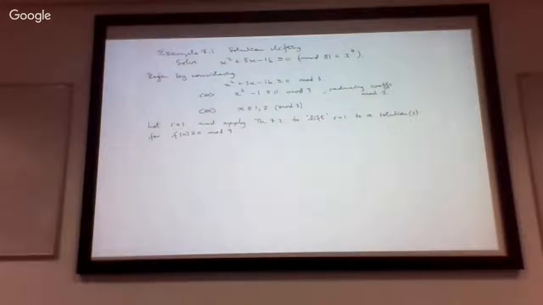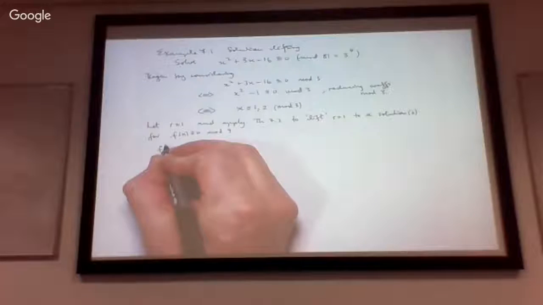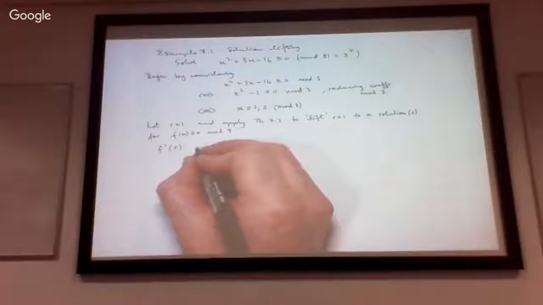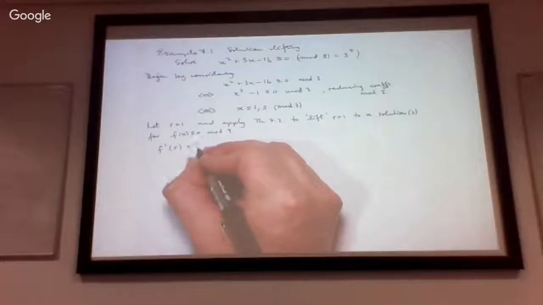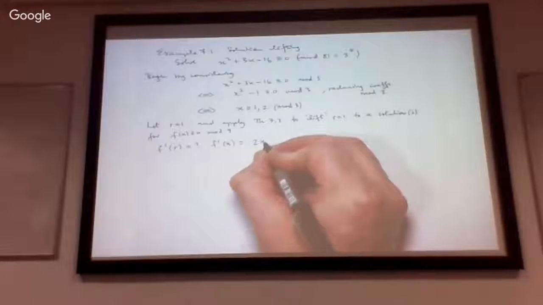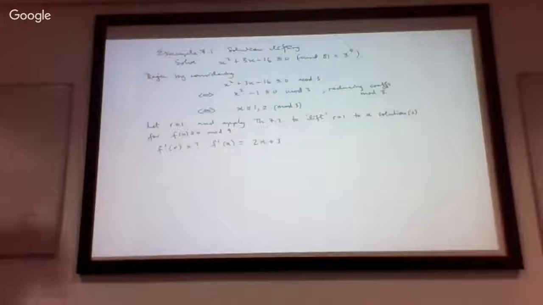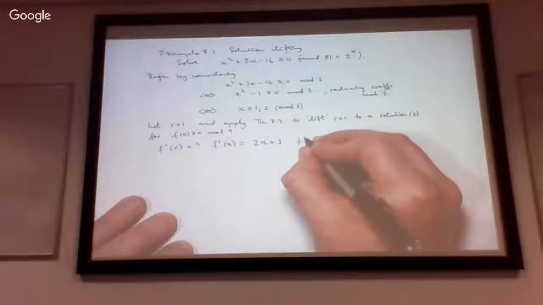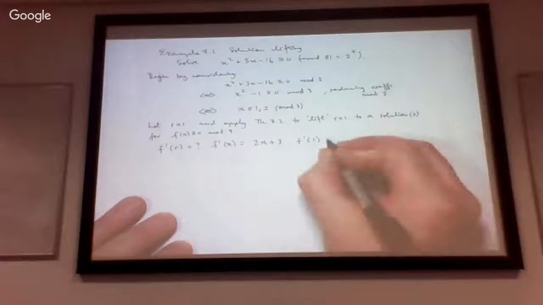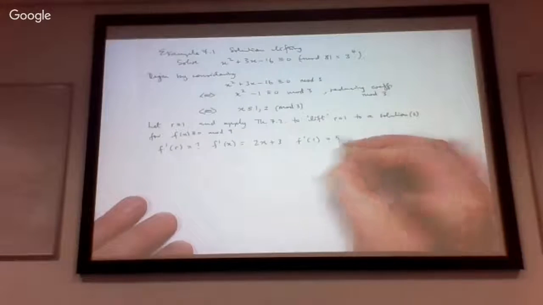So we look at the statement of the theorem, which you have in front of you, hopefully. And the first decision is to query the value of f prime of r. So f prime of x, just to find the derivative of the polynomial, is 2x plus 3. So f prime of r, when you evaluate it at the solution 1, is 2 plus 3, which is equal to 5.